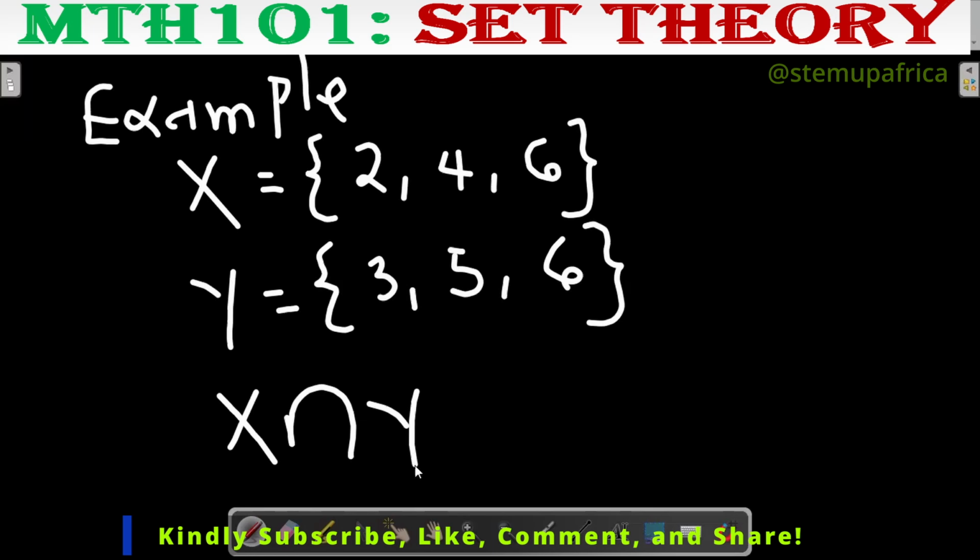Set X is 2, 4, 6. Set Y is 3, 5, 6. Can you tell me what they have in common? They have 6 in common. So our X intersection Y is just what?